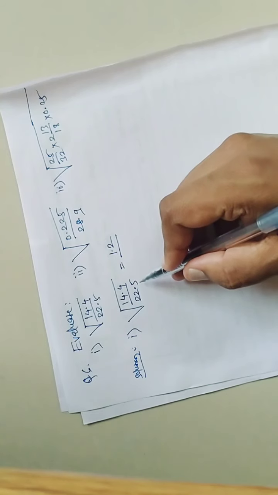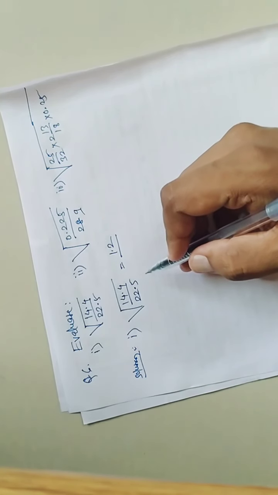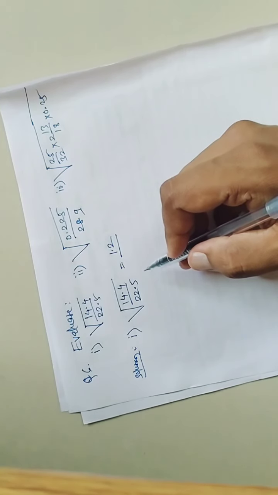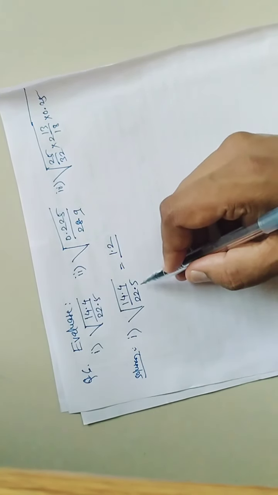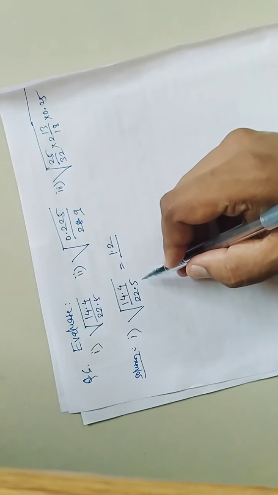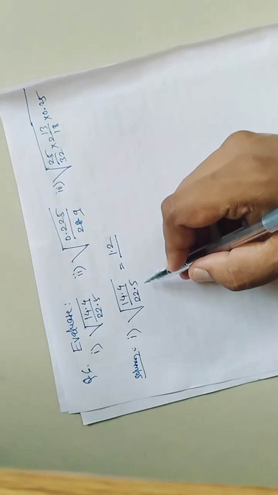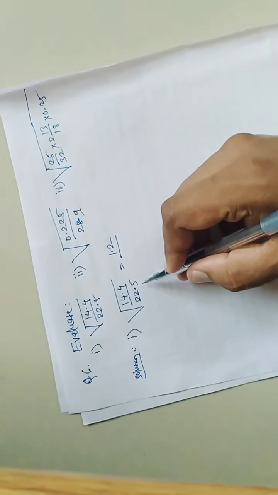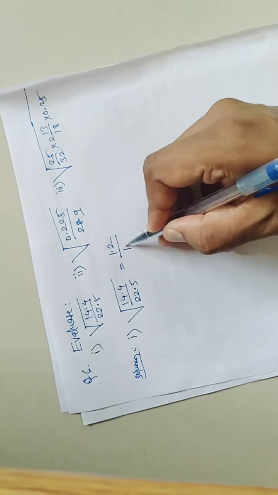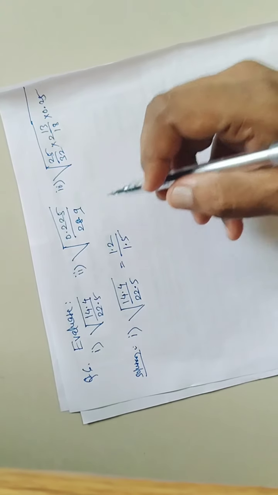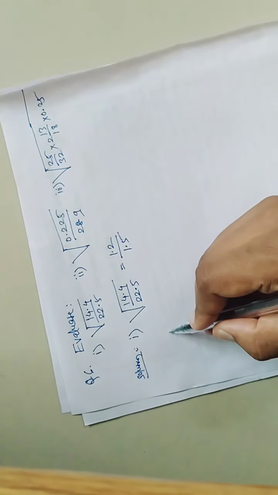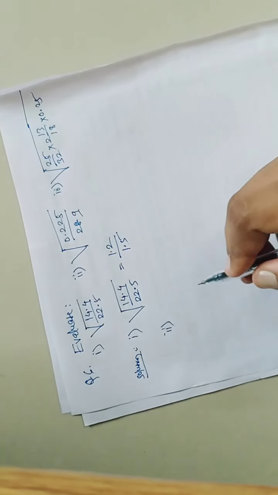And the 22.5, as we know the square root of 225 is 15, so here 22.5, the square root of it is 1.5. Now we'll see the second solution.